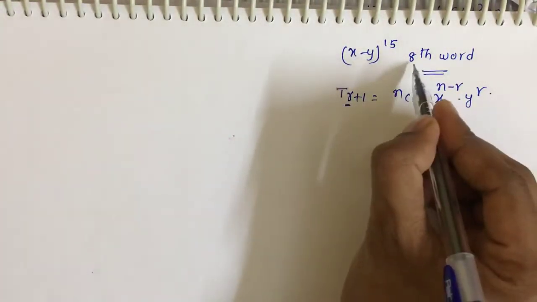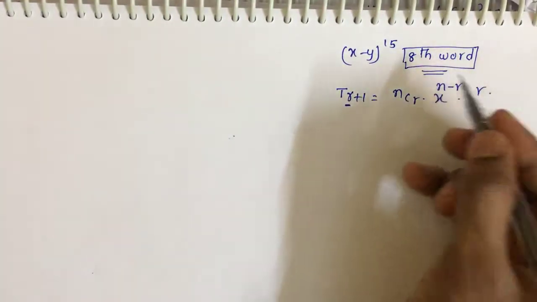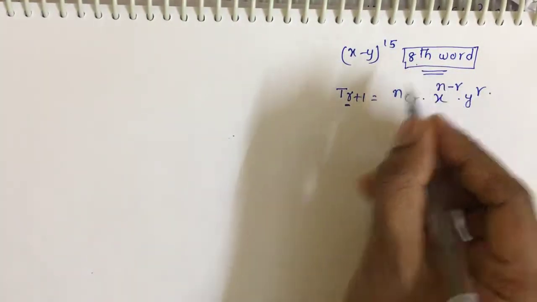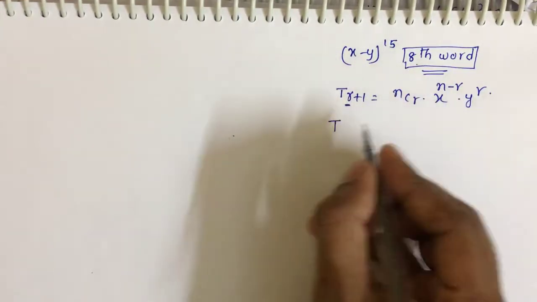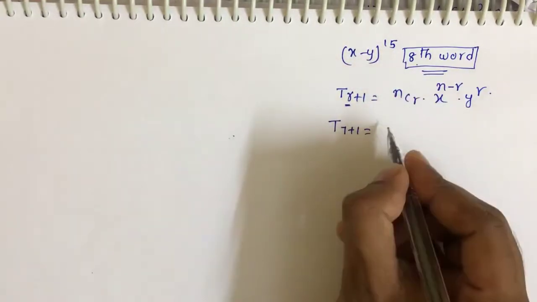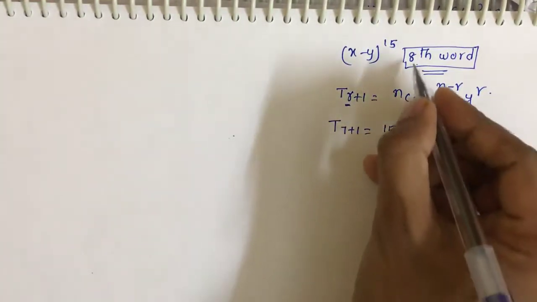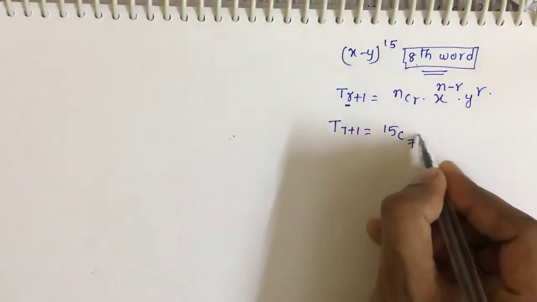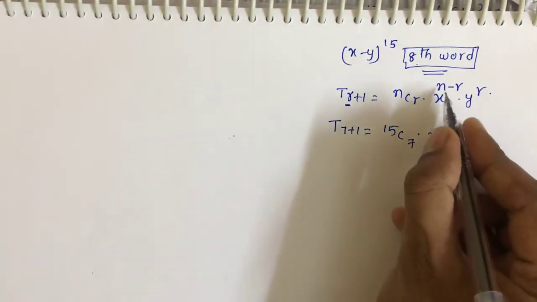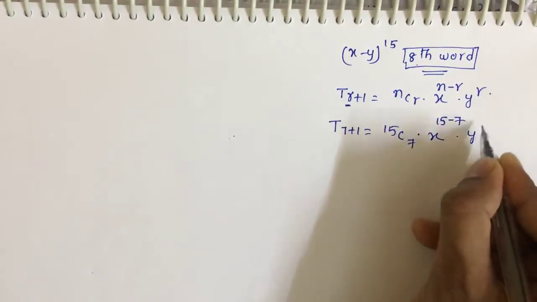The r value is nothing but the term which they are asking us to calculate, minus 1. They are asking us to calculate the 8th term, so the r value will be 7. t_(7+1) is equal to, the n value is 15 here, 15C7, x^(15-7) y^7.